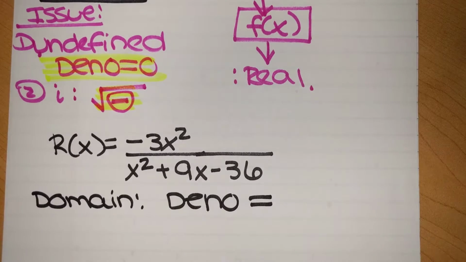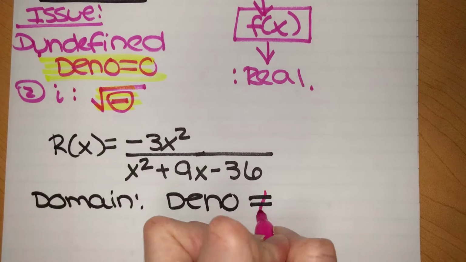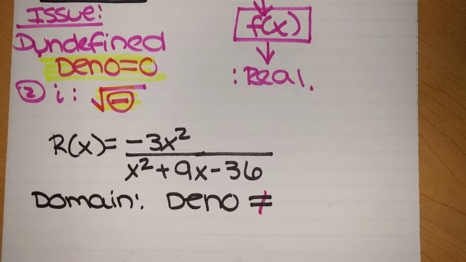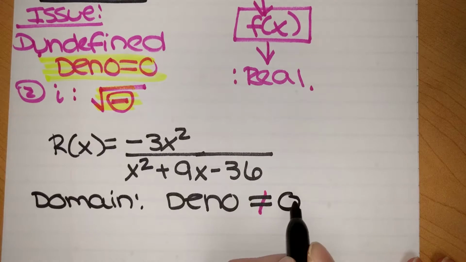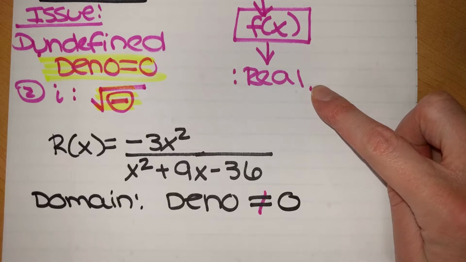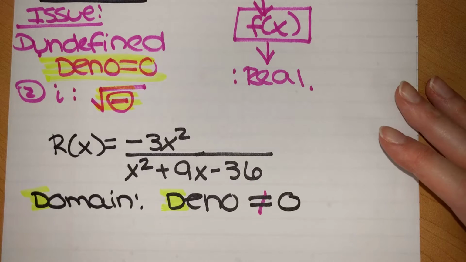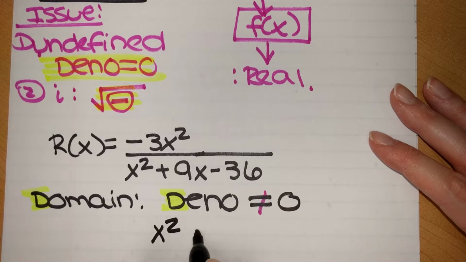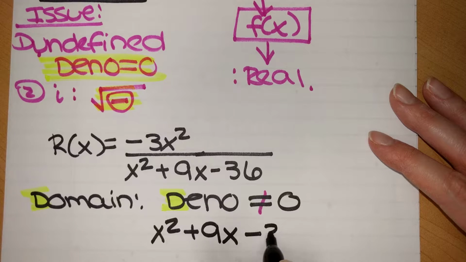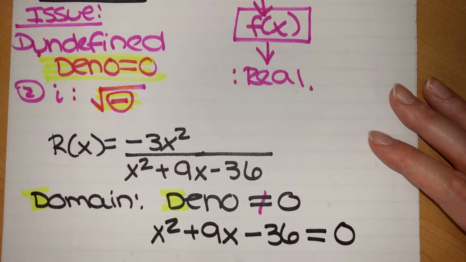We want to make sure that this denominator is not equal to 0, because if it was equal to 0, we would have an undefined, and that would mean we would not get a real output out. So I always think about the D in domain, D in denominator. We're trying to prevent an undefined number, so we have to make sure that the denominator is not equal to 0. Now, to answer this question, I would just think about it as an equation, and then at the end put the not equal to part in there.